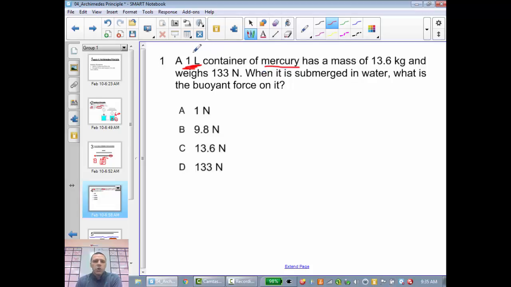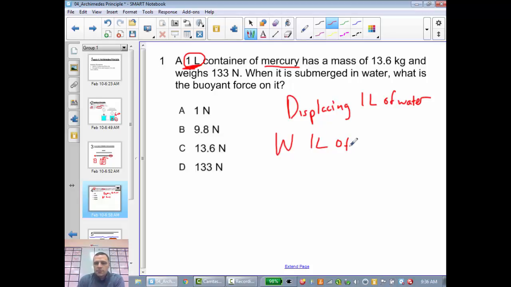If we're submerging a 1 liter container in water, we're displacing 1 liter of water, and the weight of 1 liter of water is 9.8 newtons.